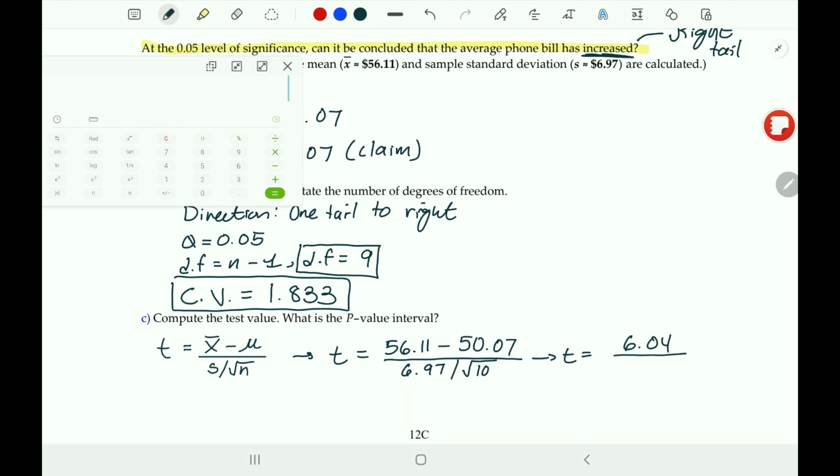Let's do the bottom. 6.97 divided by the square root of 10. 3 numbers after the decimal should suffice. 2.204. Let's divide that and take 3 numbers after the decimal.